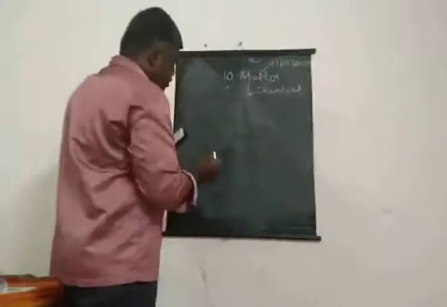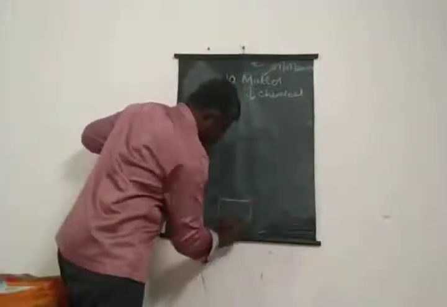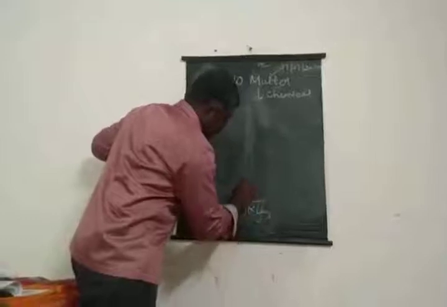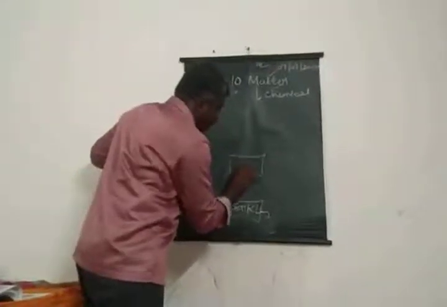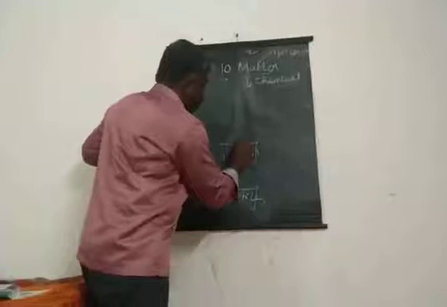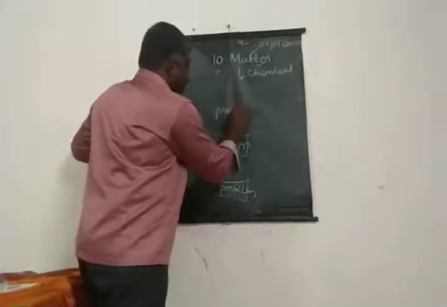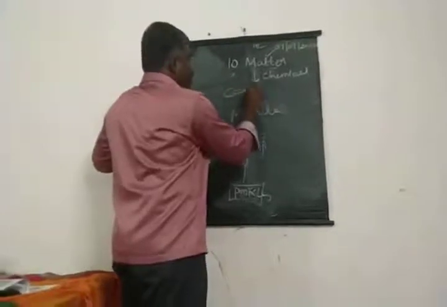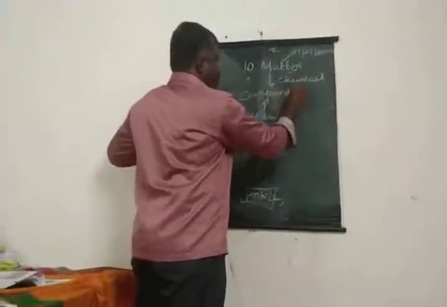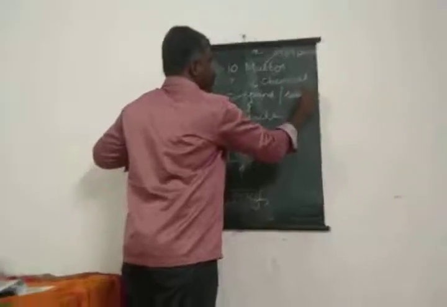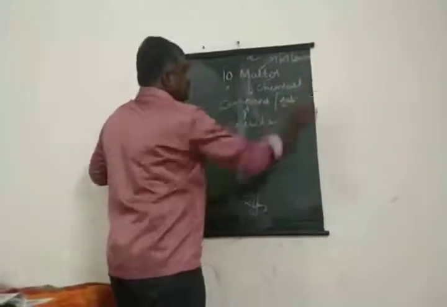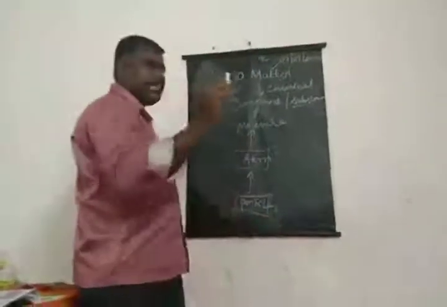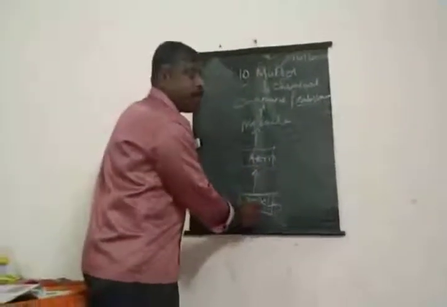So this is the very smallest chart. Here particles, next atom, here molecule, here compound or substance. Suppose any matter contains small particles.